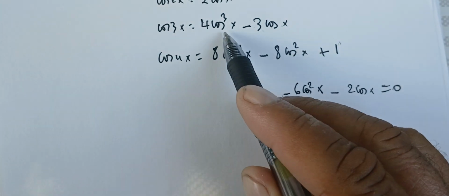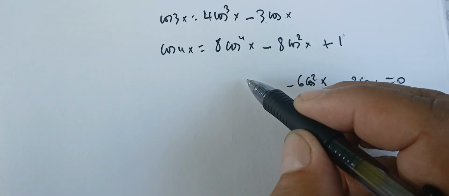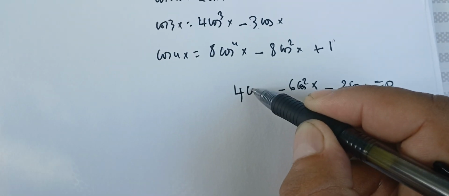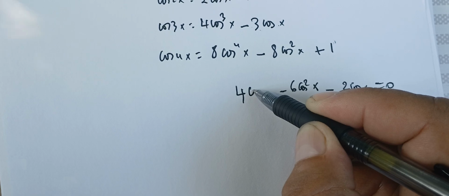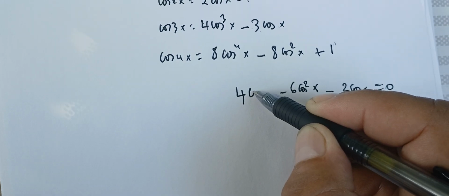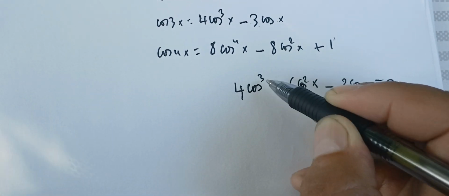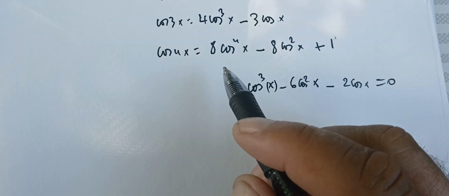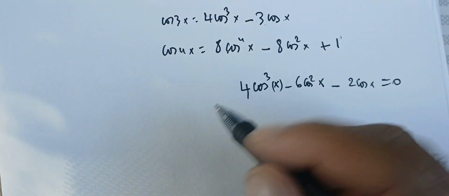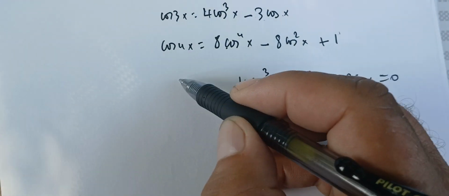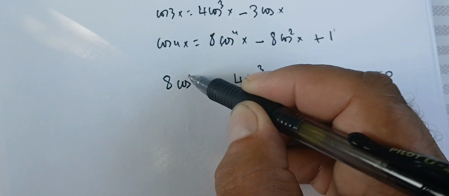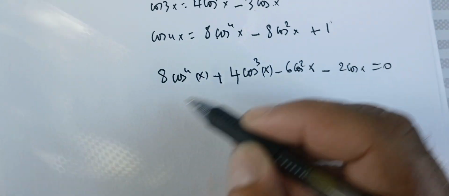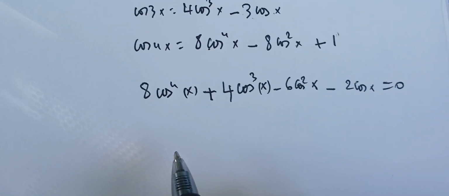Power 3, I think this is by itself, so I have 4 cosine cubed of x. And power 4, I have 8 cosine to the power 4 of x. We don't want to make mistakes, we have to be careful.